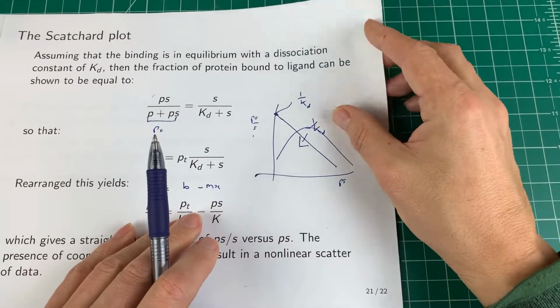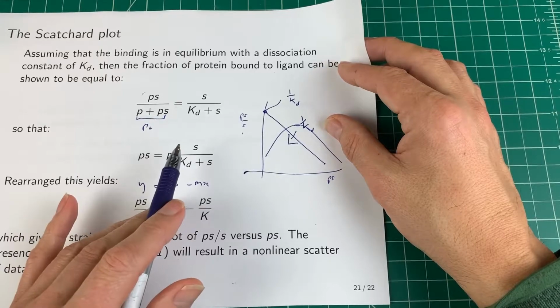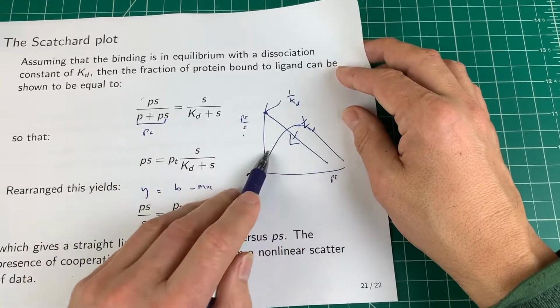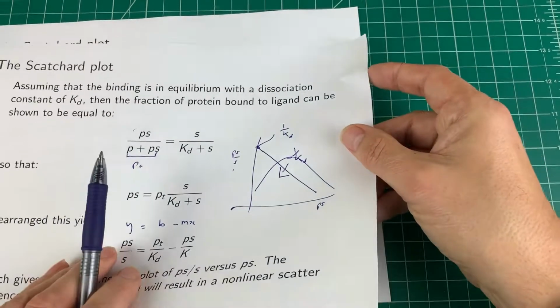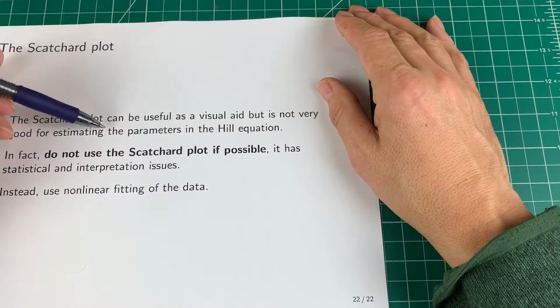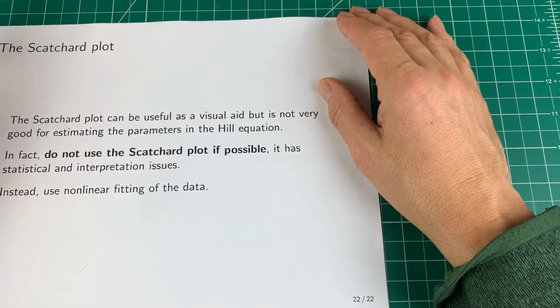So it can be useful for detecting whether the data shows any sigmoidicity or S-shaped curve just by looking at the shape of the plot. I wouldn't recommend it for anything else. The Scatchard plot can be useful as a visual aid, but it's not very good at estimating the parameters.